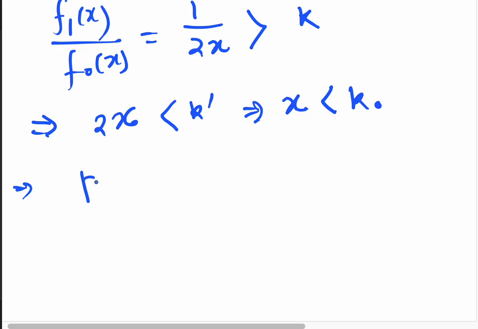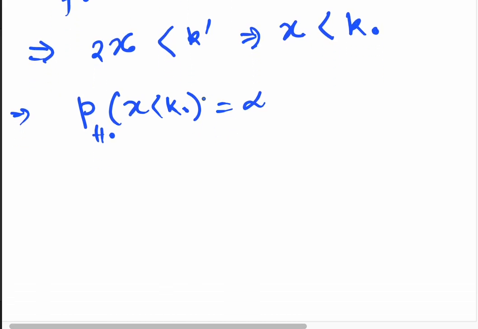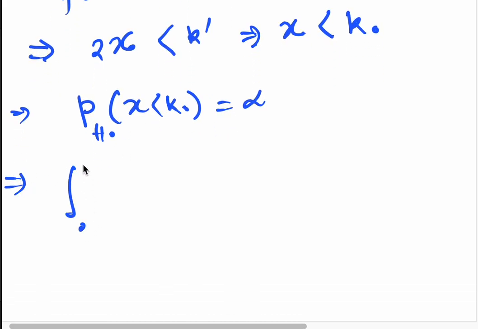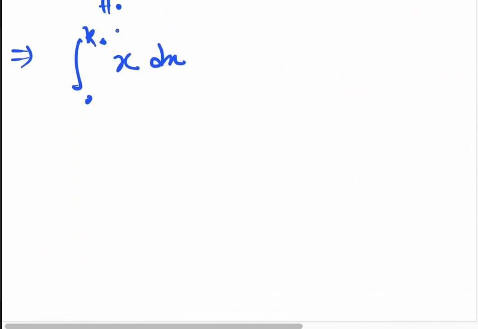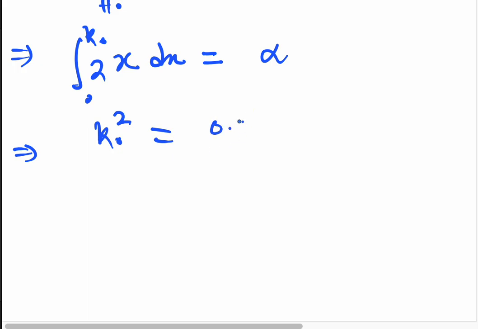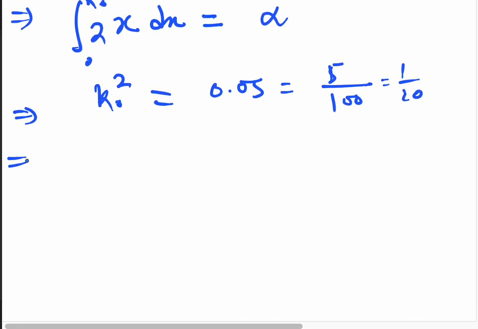Now we know that the probability under H0 that x is less than k0 is alpha, so let's find it: the integral from 0 to k0 of 2x dx equals alpha. That means k0 squared is equal to alpha, 0.05, that is 5/100, 1/20.